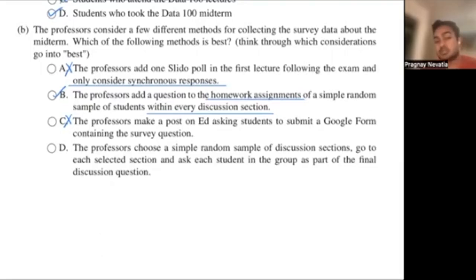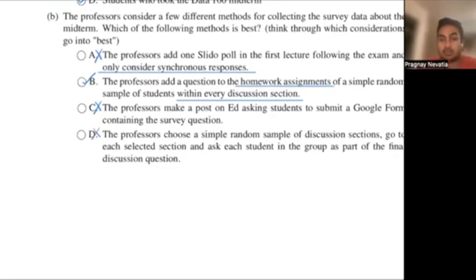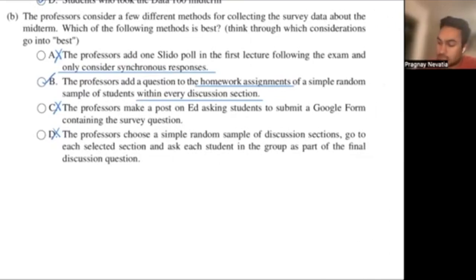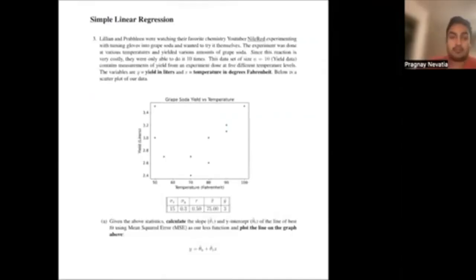When students are asked in groups, they might bias the results of the survey by not speaking their mind. So in that case, D also might not be the best way to sample for the survey. Okay, so that's the probability and sampling portion of the worksheet. And I'll be back for the simple linear regression part.